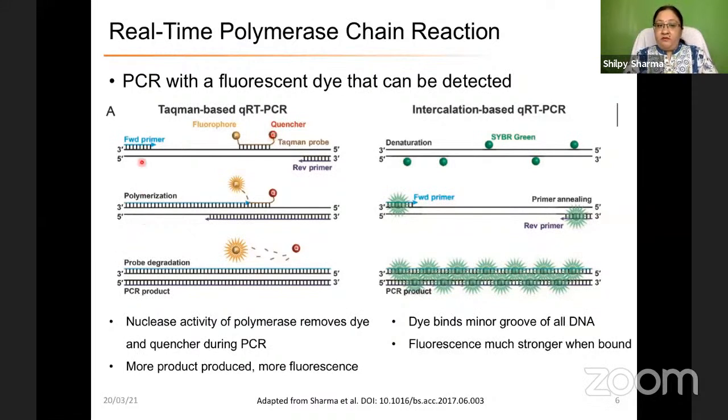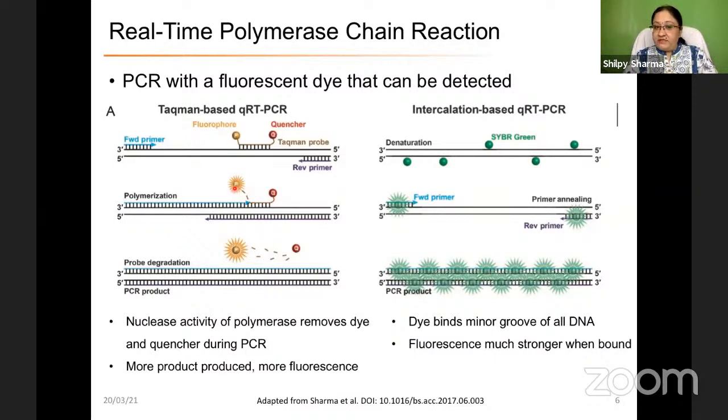Now, when your forward primer gets extended by the action of the Taq DNA polymerase, the polymerization reaction takes place. During the polymerization, due to the 5' to 3' exonuclease activity of the Taq DNA polymerase, it is going to cleave this probe, as a result of which the fluorophore and the quencher get separated.